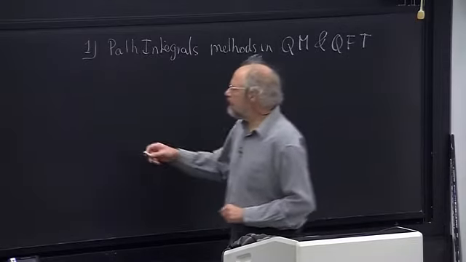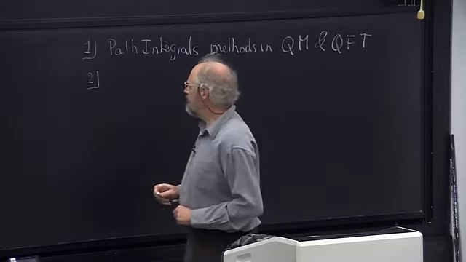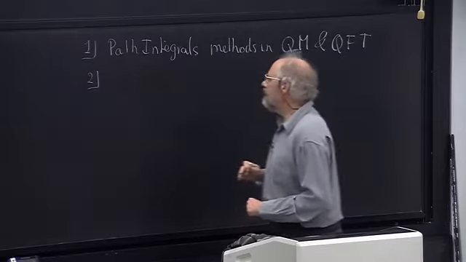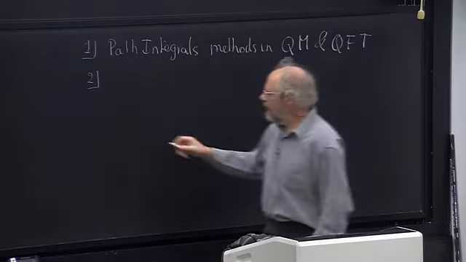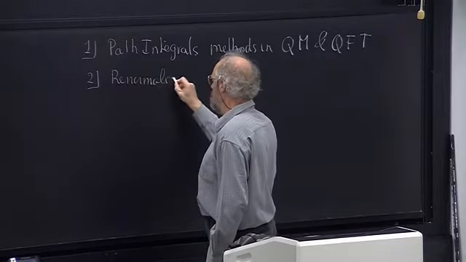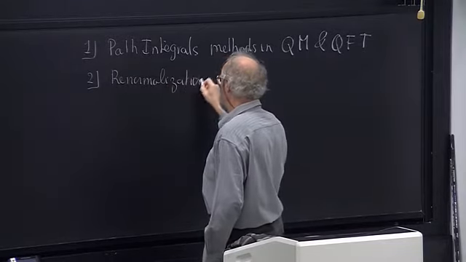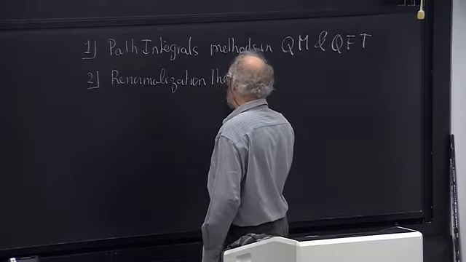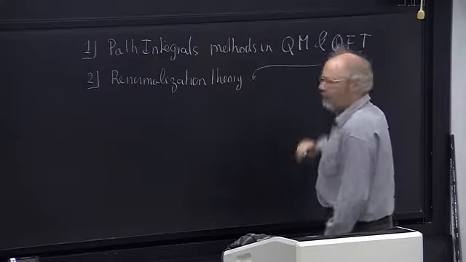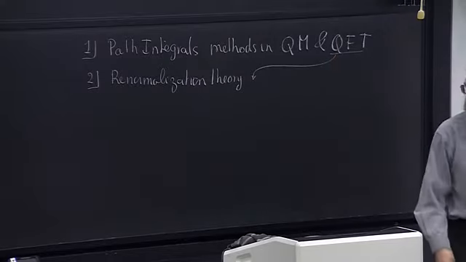The second part, which is going to be the second week, is to discuss, mainly from this point of view, its application: renormalization theory, which is one of the very important and essential features of quantum field theory.